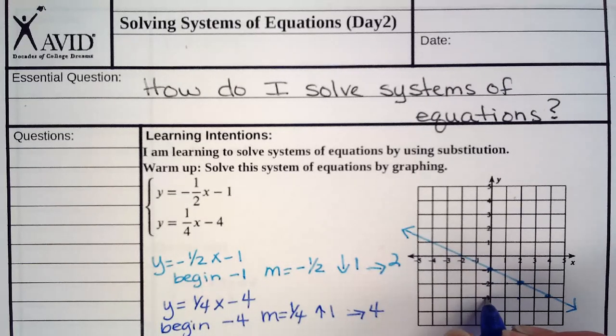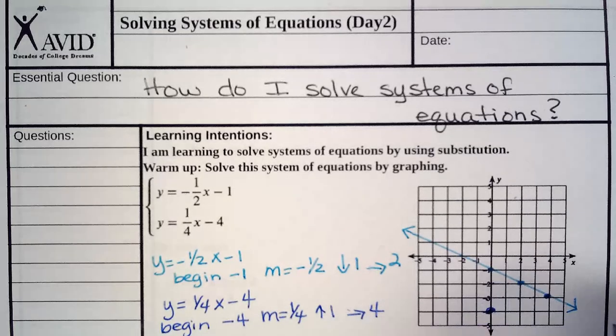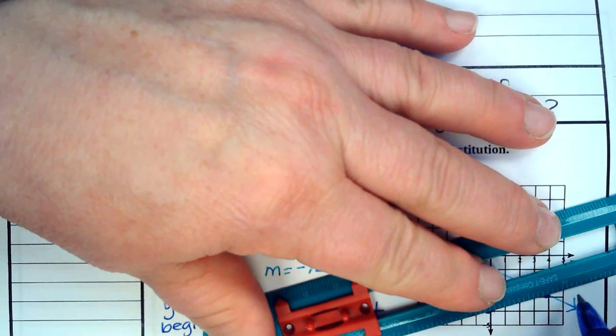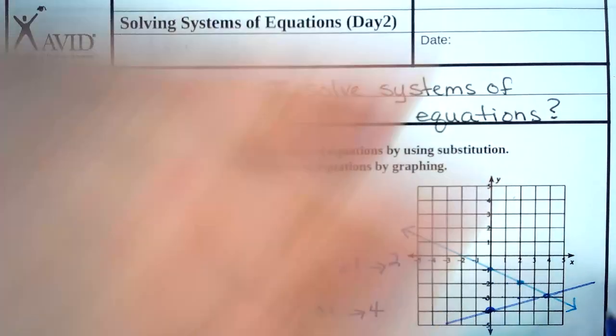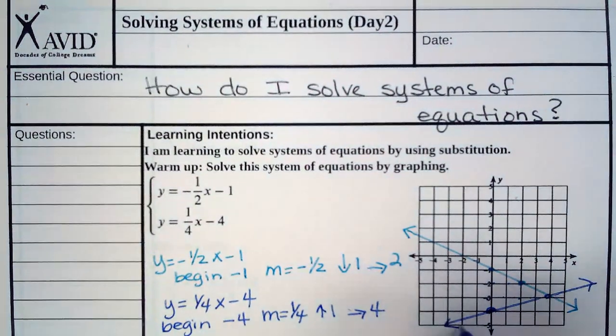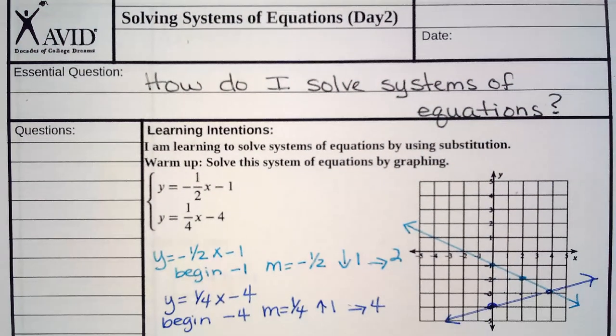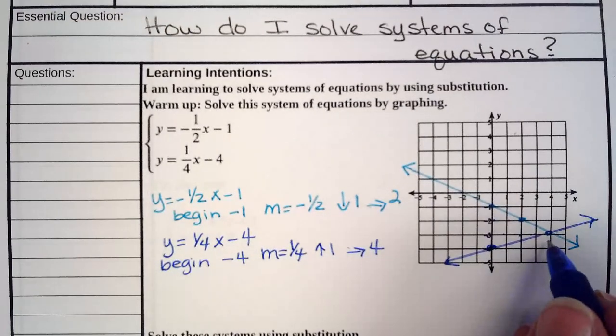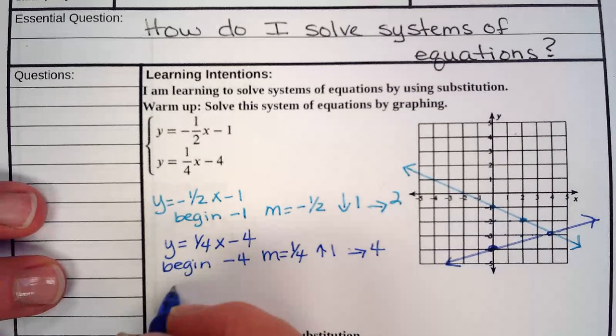Up 1, right 1, 2, 3, 4. Draw your line and we have our point of intersection. So the solution to this system of equations, the point where they intersect, is 4, -3.